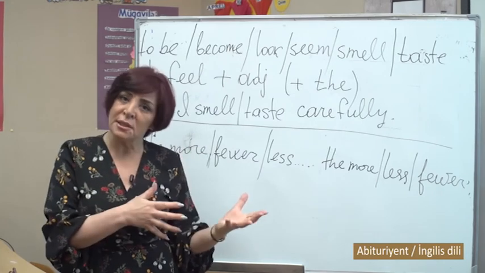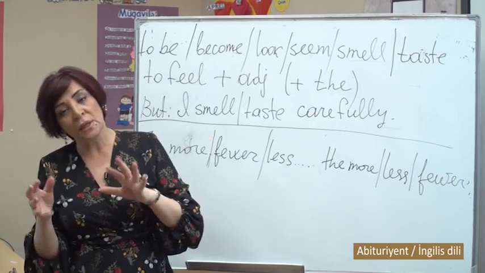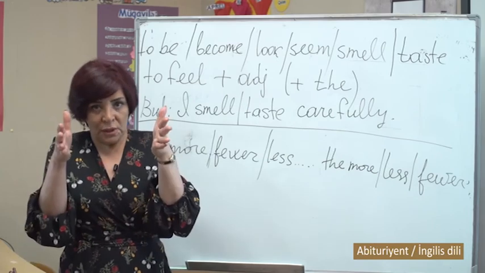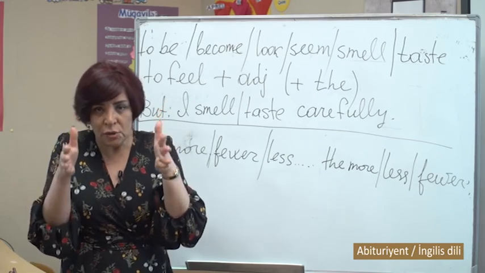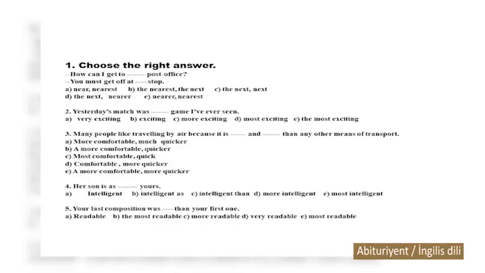For example, positive degree, comparative degree, or superlative degree. So they should be used in the same degree. Now let us see which variants show us that the adjectives are in the same degree. More comfortable, much quicker. More comfortable, quicker.